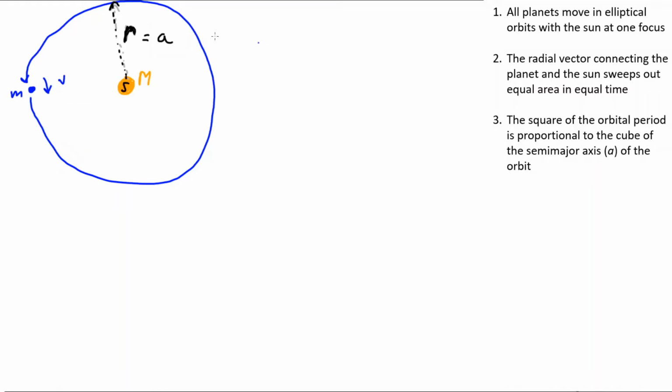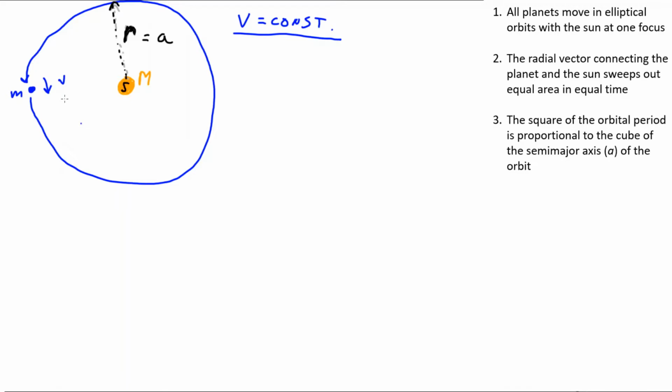If the radius is constant, that tells us that the speed v is constant. So the speed of this planet isn't changing. We know that from Kepler's second law of planetary motion. In that case, the motion of this planet around the sun is uniform circular motion.